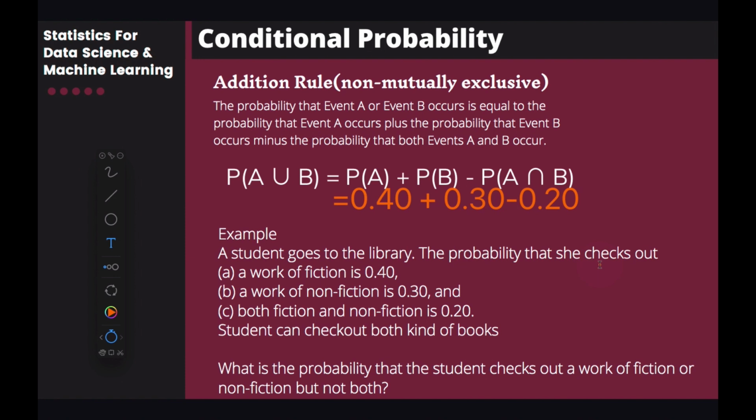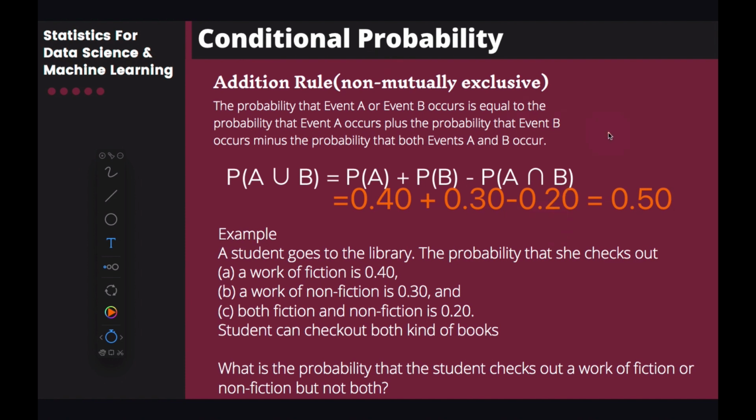Okay, and this is going to end up giving us 0.7 minus 0.2, which gives us 0.50. Okay, so that's going to be the probability of checking out either fiction or non-fiction, but not both kinds of books. Okay, so that is non-mutually exclusive.